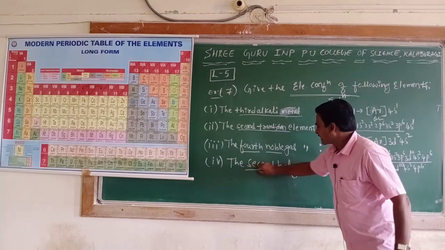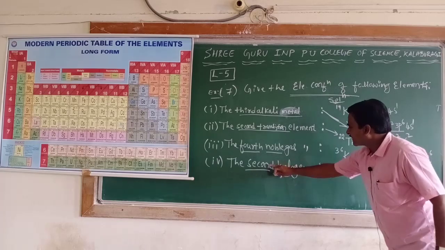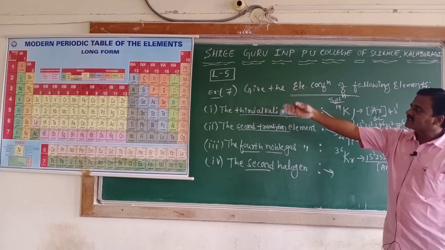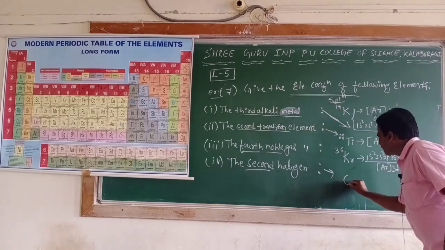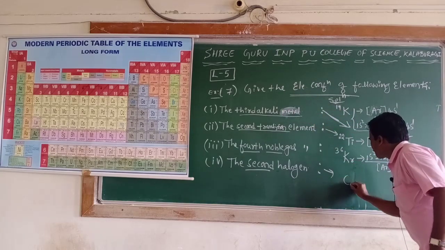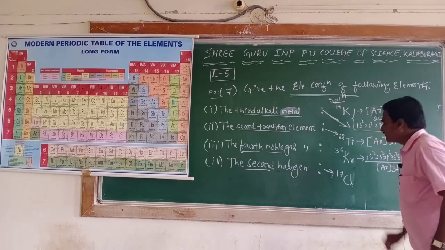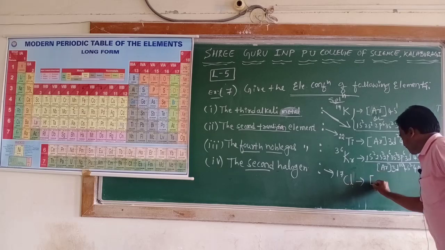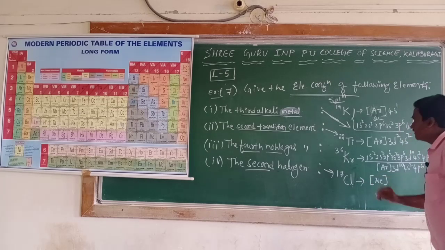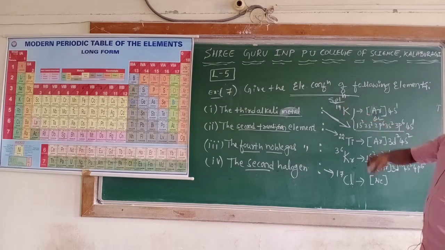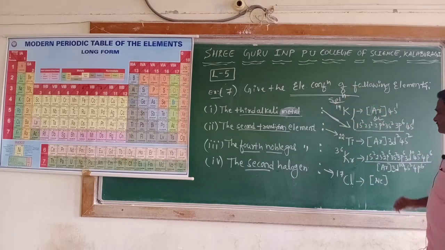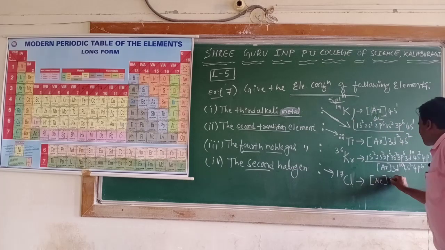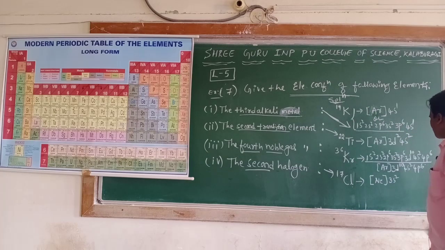Now the second halogen, a 17th group element. The first element is fluorine, the second one is chlorine with atomic number 17. Write the electronic configuration: neon noble gas core, 3s2, 3p5.